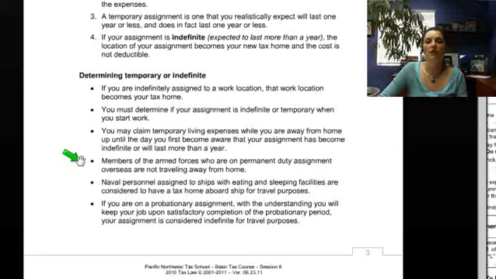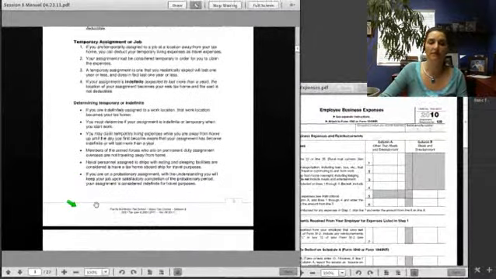Members of the armed forces who are on permanent duty assignment overseas are not considered to be traveling away from home, and naval personnel assigned to ships with eating and sleeping facilities are considered to have a tax home aboard ship for travel purposes. If you are on a probationary assignment with the understanding that you will keep your job upon satisfactory completion of the probationary period, then your assignment is considered indefinite for travel purposes.